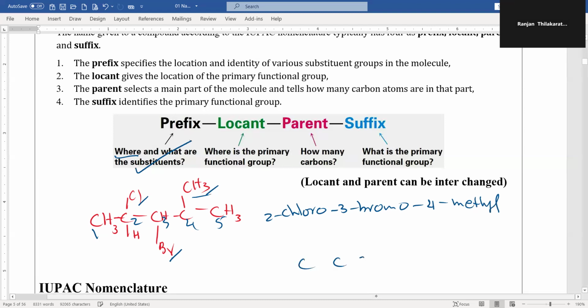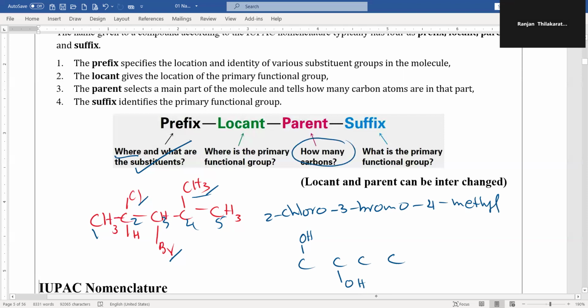Say you have 4 carbons, and the OH group is the functional group, then that may be on the first carbon, and sometimes it may be on the second carbon, and so on. The locant means the location of the primary functional group, to which carbon that functional group is attached. Then the parent. Parent reflects the number of carbon atoms.